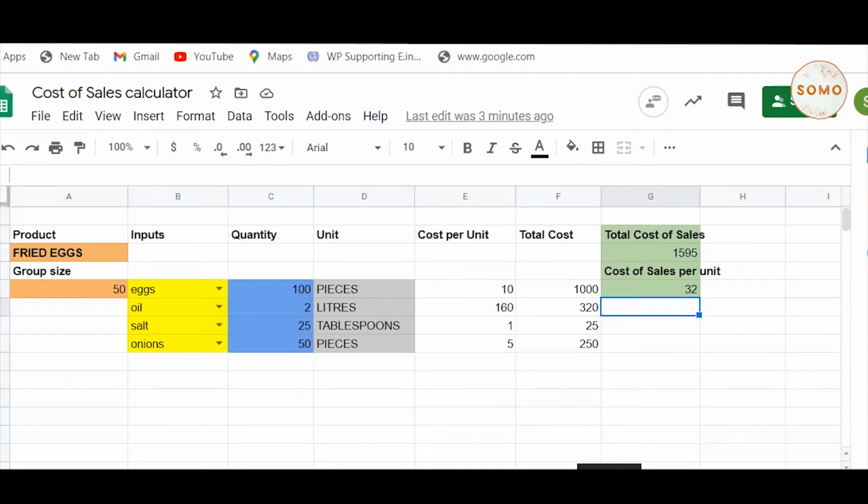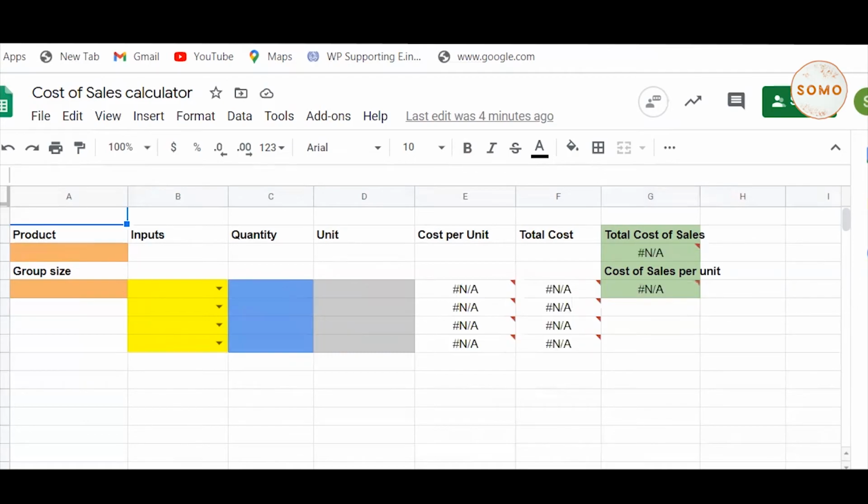After filling in the cost of product 1, the second thing that we're going to fill is the cost of product 2. Product 2, in this case, is chapati. So we'll start by naming that chapati. Our group size is 50 roll eggs.